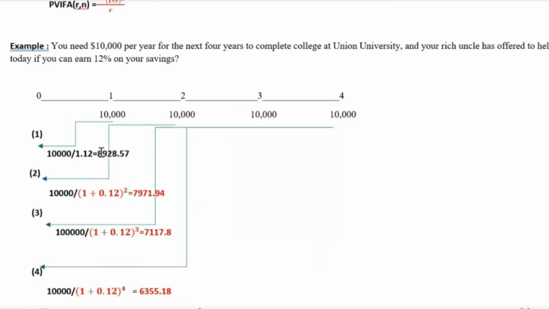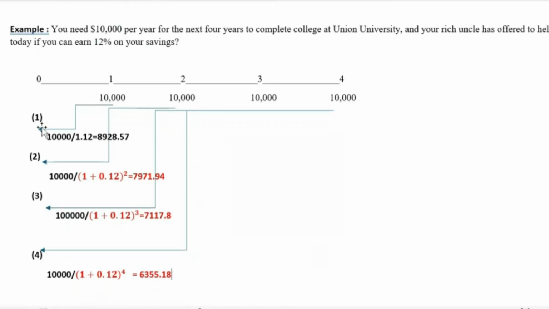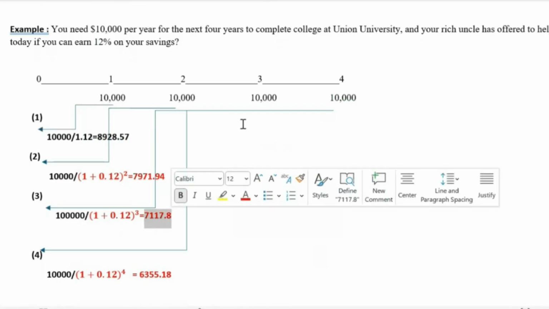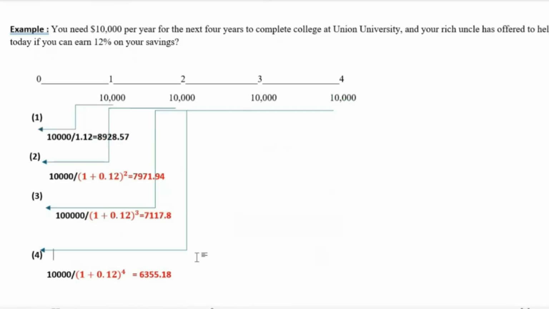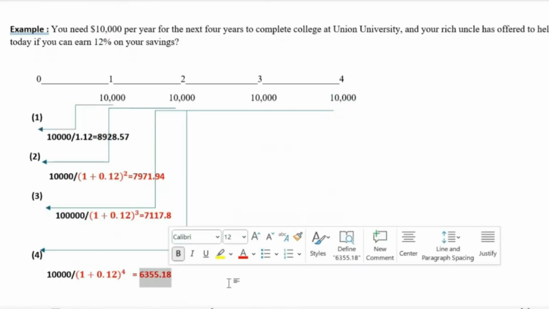Then we add them together. If uncle writes four checks, the first check will grow to $10,000 in year 1. The second one, 7971, will grow to $10,000 after 2 years. The third one will grow to $10,000 after 3 years. The last one will grow to $10,000.